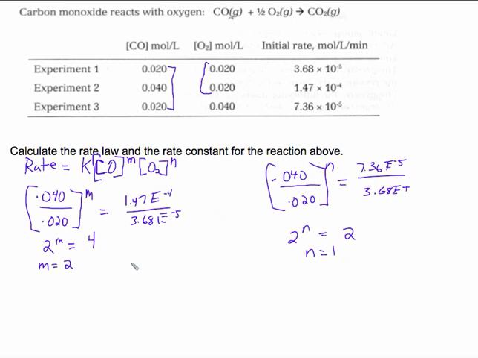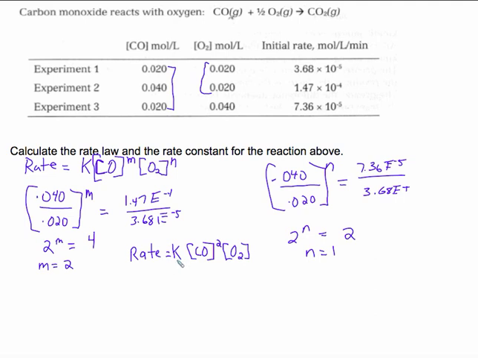Now once we have that done, we can write the rate law: the rate will equal some constant K times CO to the second power times O2 to the first power. You could write the one there or just leave it blank, which means to the first power. Okay, that's the rate law.